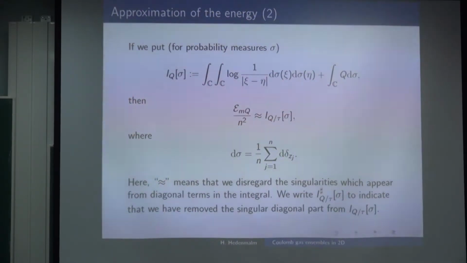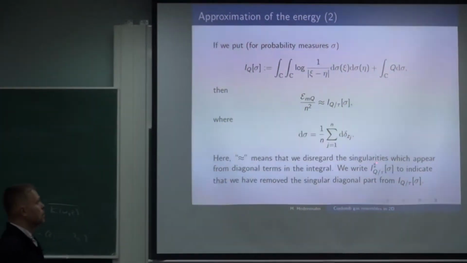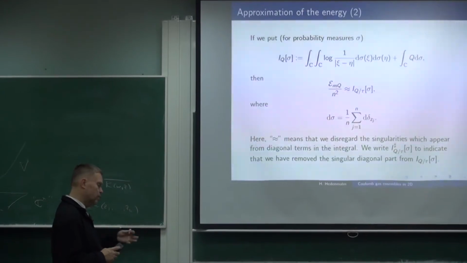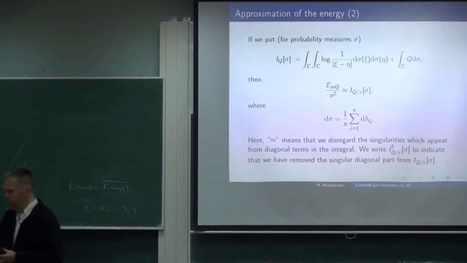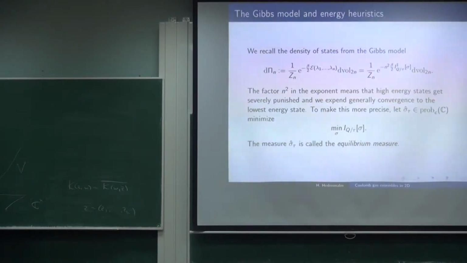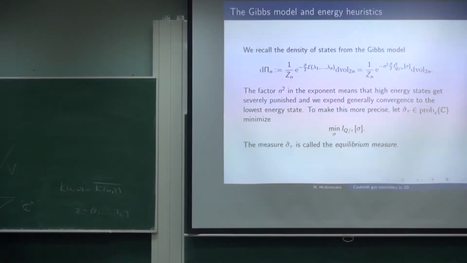Then we do get the right thing, and we write this with a sharp there to indicate that we did this correction. We removed the diagonal terms, the singular part.